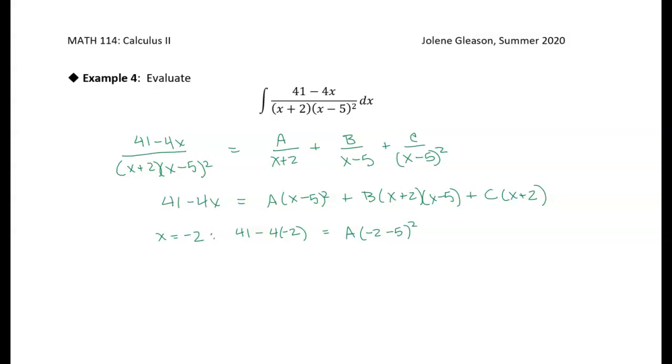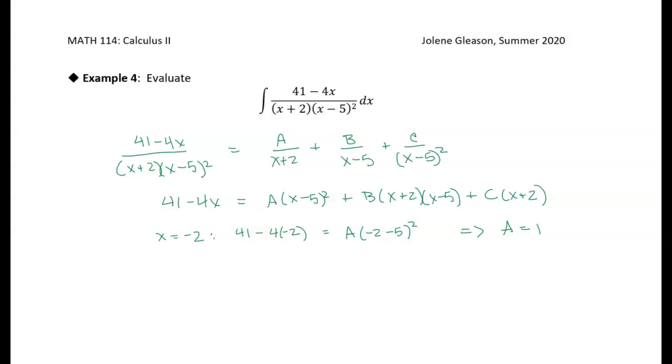That's basically minus 7 squared, which is positive 49. And over here I have 41 minus 4 times minus 2, so that's 41 plus 8, which is 49. So both of these are 49, and I'll end up with A equals 1. All right, got A. Now we have to move on.